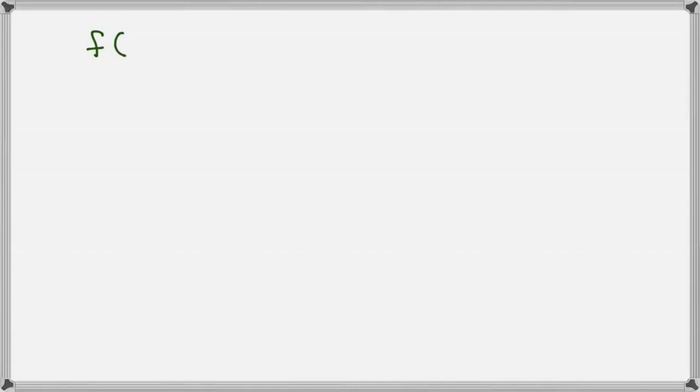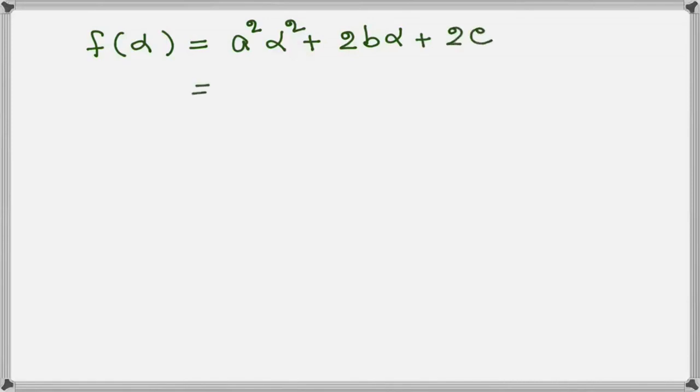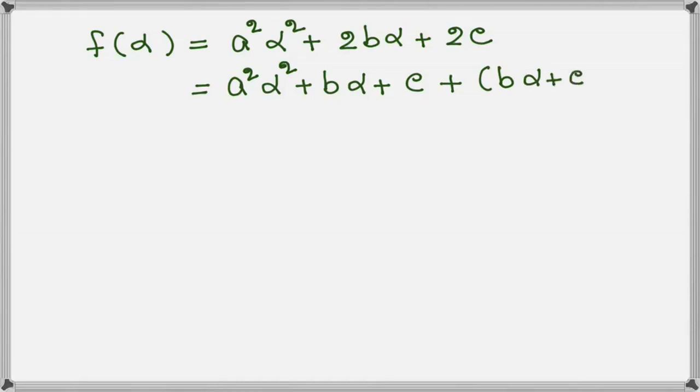f of alpha is equal to a square alpha square plus 2b alpha plus 2c. We can write it as a square alpha square plus b alpha plus c, plus b alpha plus c.